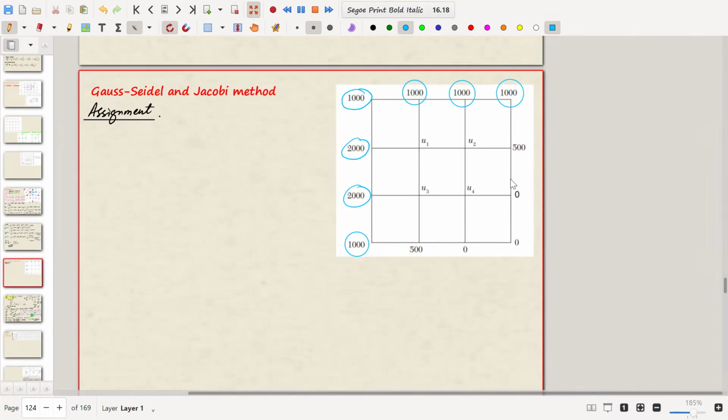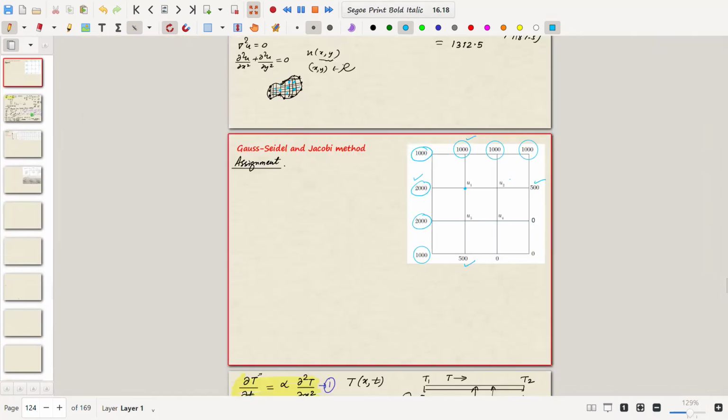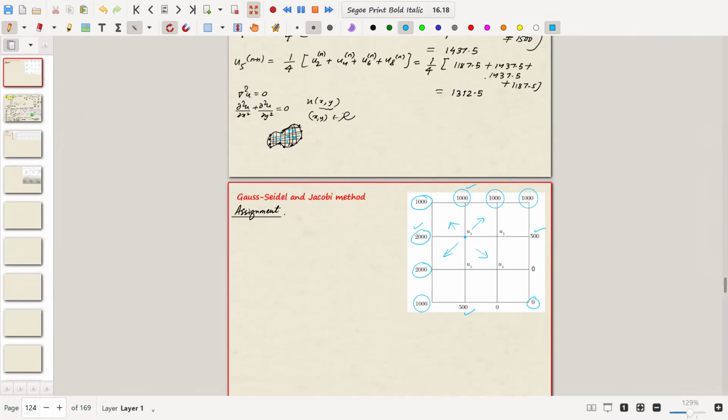You can use the standard 5-point formula for finding this point, you can use this, it's totally fine. Or you can use the diagonal points also, and these boundary points also.